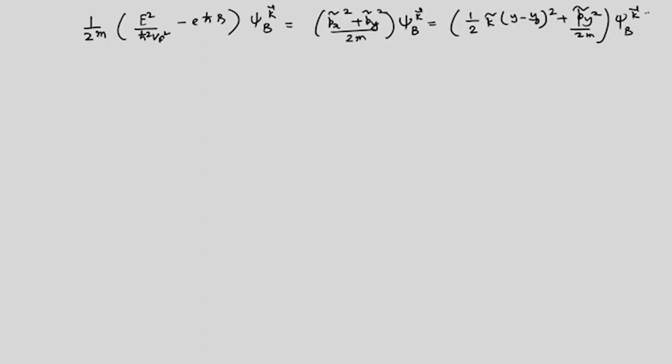Where k tilde equal to nothing but e square B square by m, and y_0 equal to p_x over eB, or H cross k_x over eB.